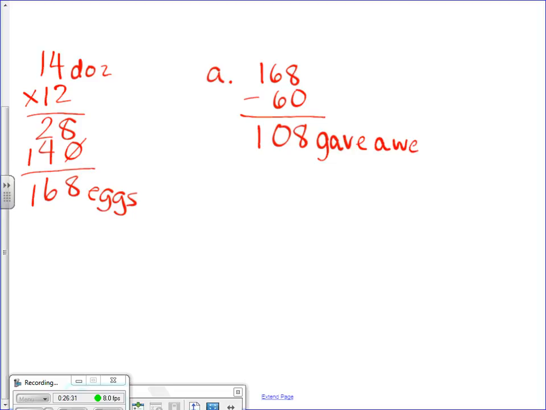And I label things when I'm working so I don't forget. So he sold those, he gave away those. I label all kinds of stuff on my work. How many dozens did he give away? So he gave away 108 eggs, and we need to know how many dozen that is.